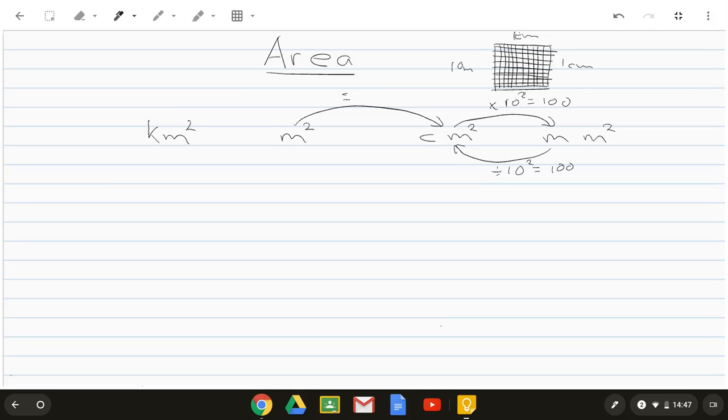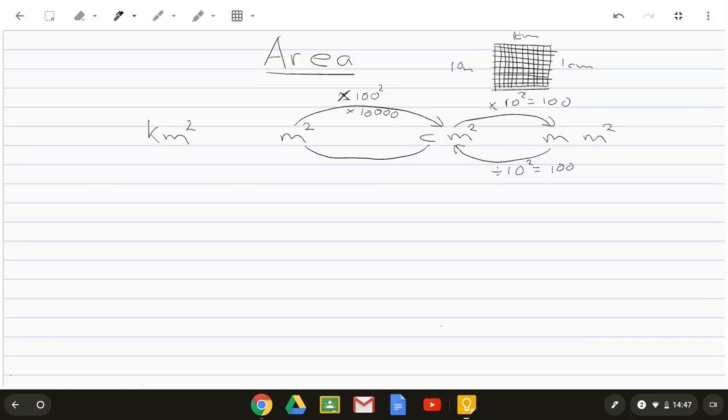That's going to be 100 squared, or 100 by 100. So we need to multiply it by 100 squared, which is we multiply it by 10,000.